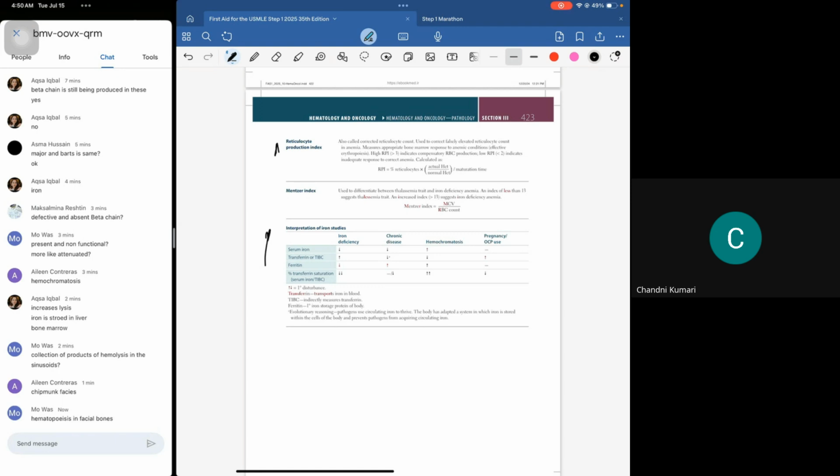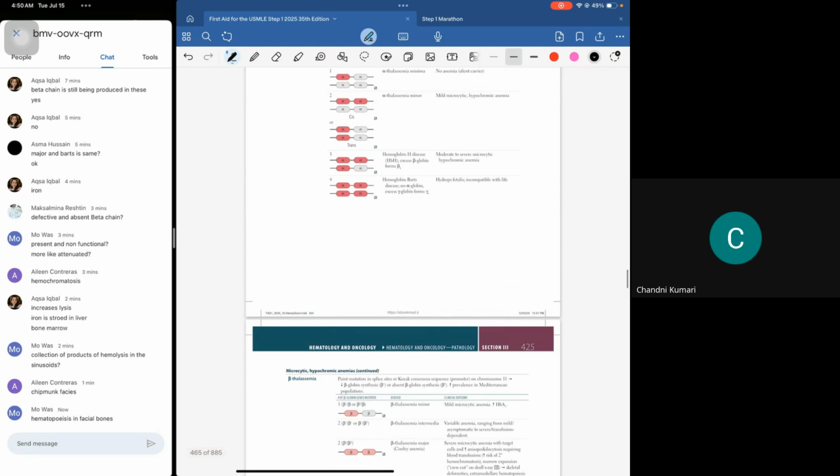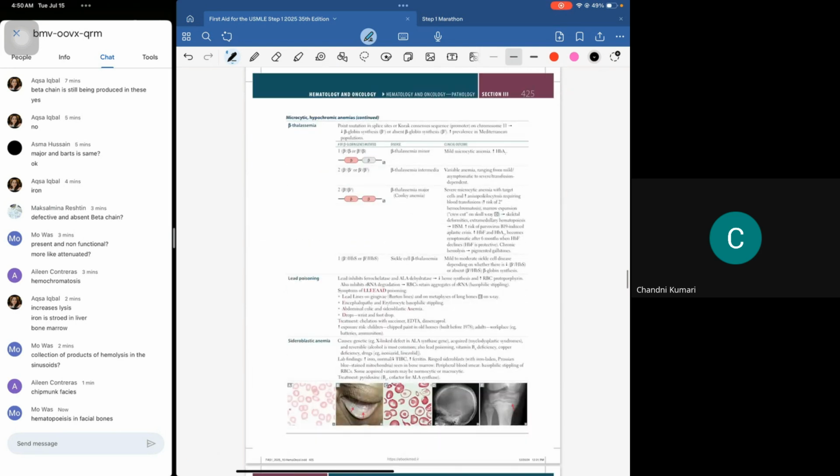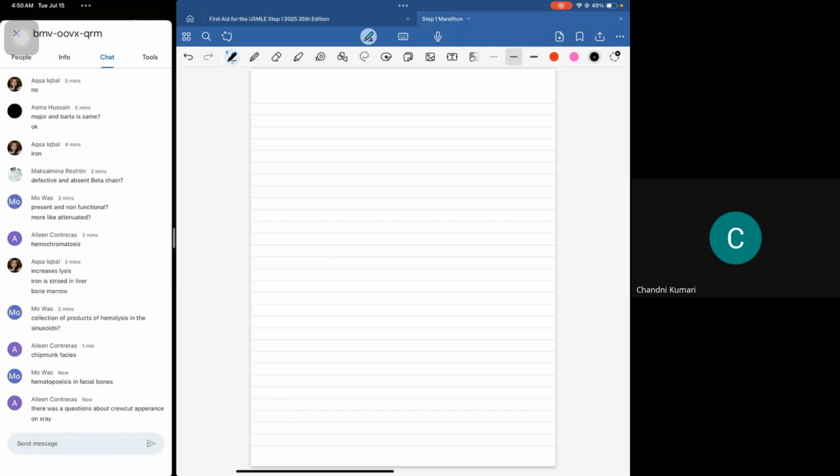In case of thalassemia, the iron levels are going to be reduced as well, if you're not transfusing. Now, the most important thing is that these patients are going to have a normal RDW, the red blood cell distribution width is going to be normal, right?